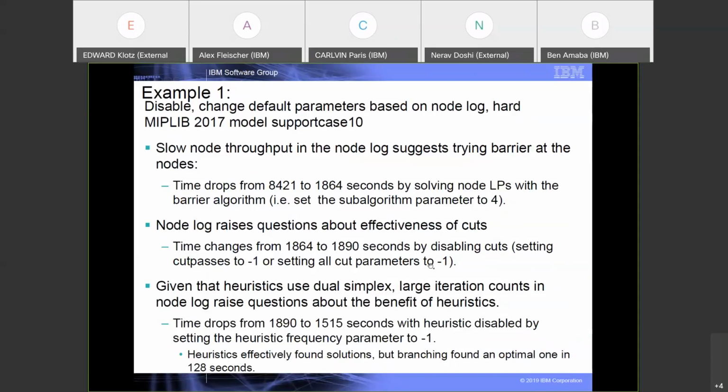That turned out to basically be a wash. But if I then also turned off heuristics, I did get an additional improvement of about another 5 or 6 minutes. So what was going on is the heuristics were effective, but branching was just as effective.